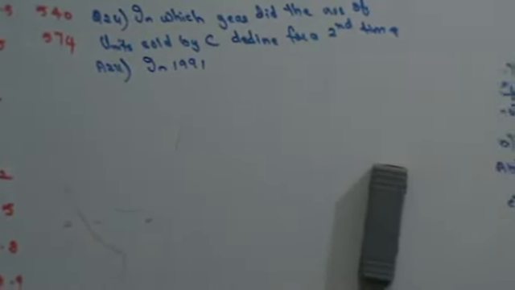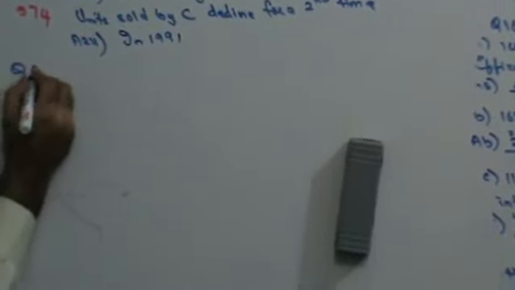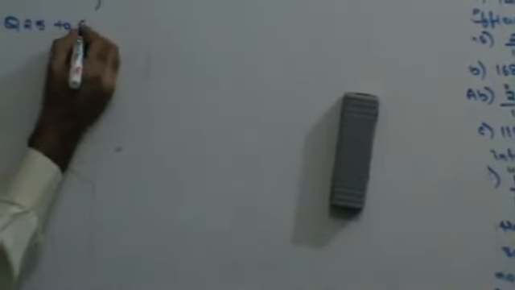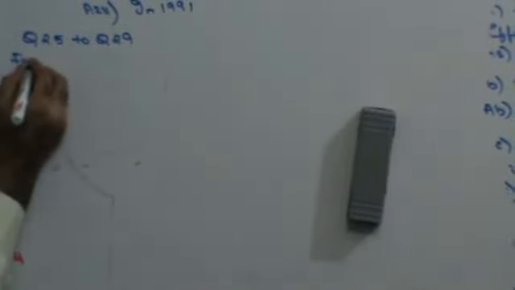Next, let's see question 25 to question 29. Family income. And they give you the sex of the child. Male, female, total.